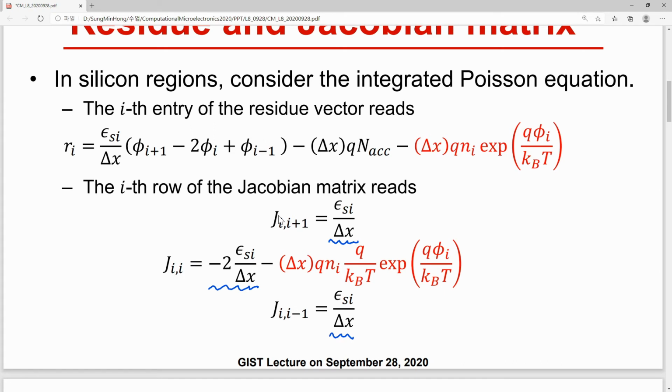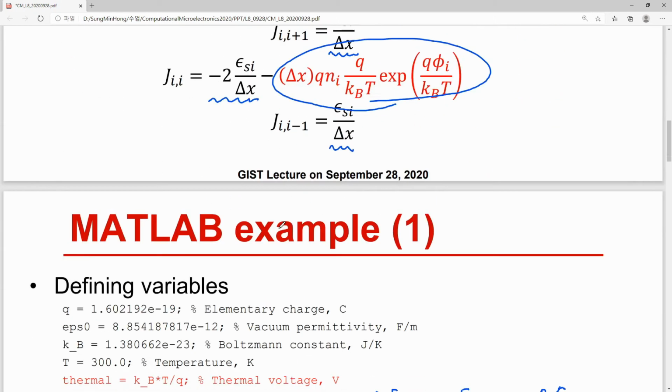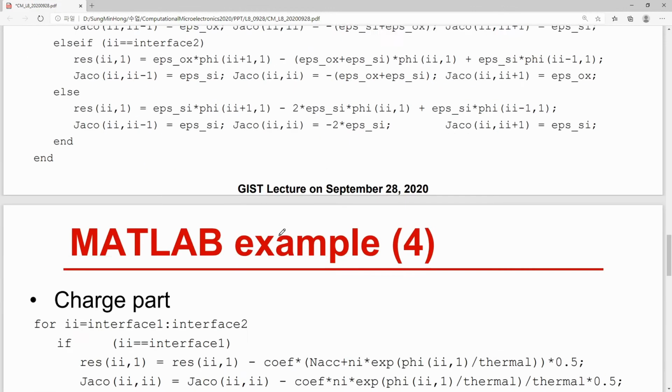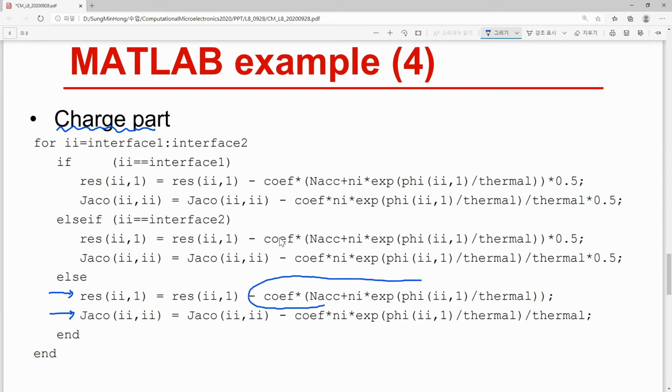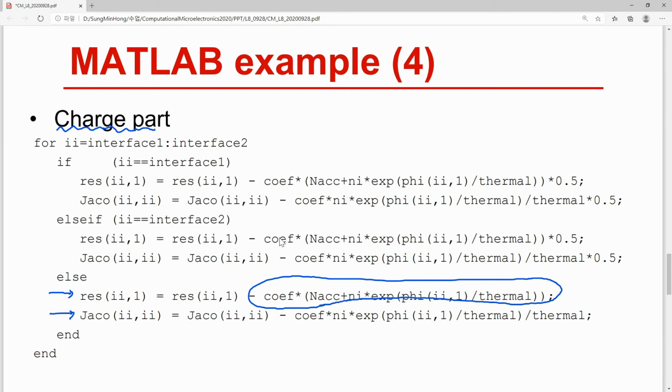However, we also have the red colored term, which corresponds to the charge density, so we have to consider this term too. So this is written here as a charge part or charge term. When you have a look at the residue and Jacobian matrix, we can find the additional term related to the electron contribution. So the partial derivative with respect to the diagonal component phi i is also shown here.